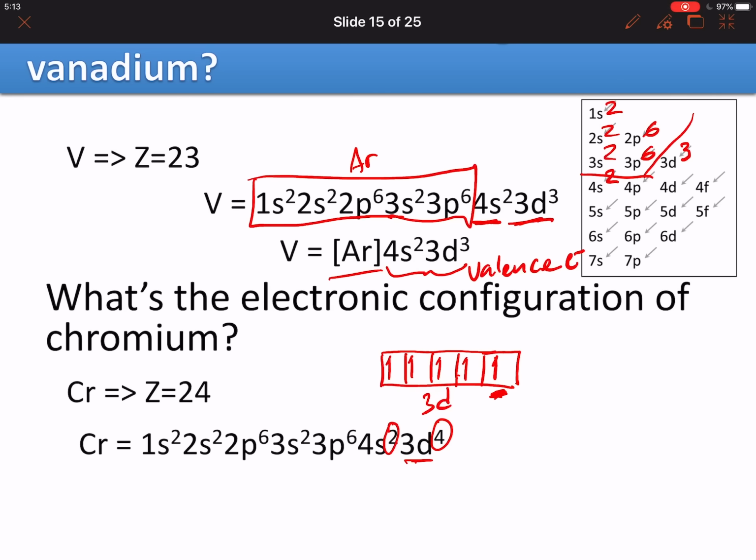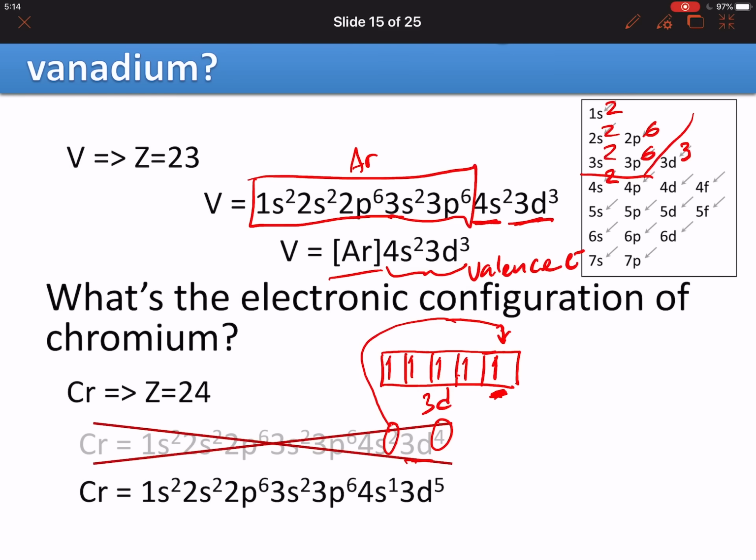So you take one of these s orbital electrons and you send it to the last d orbital there, because that d orbital really wants that electron. Okay, he doesn't want to be abandoned, like, the other 4 have electrons, why don't I have one? So the actual electron configuration for chromium is not this one in which you end up with d4, but one in which you have d5. Okay, you take one electron from the s orbital and then you put it on the d5.